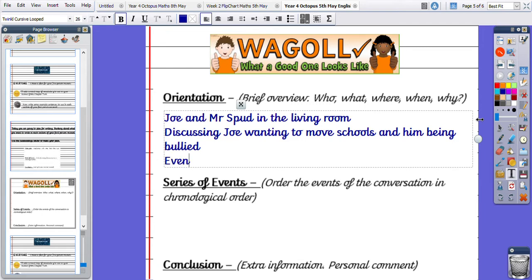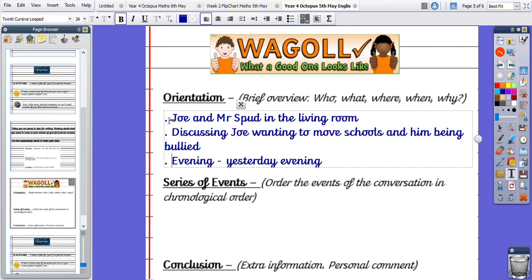When was it? I know it was in the evening, so I could say yesterday evening as an example. And why? Well, I've already mentioned that. They are talking about it because he is being bullied and wants to move schools. So already in 3 bullet points, I have written a plan of what I need to include in my orientation.